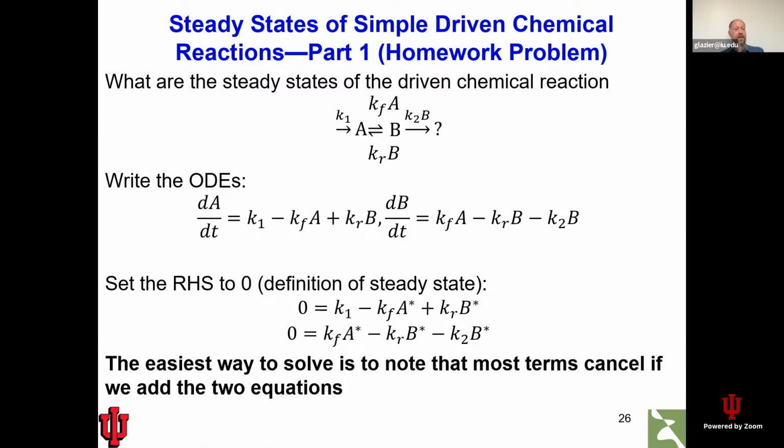Now, how do I find the steady states? Steady states are found by setting dA/dt to 0 and dB/dt to 0. So I'm going to write these two equations on top of each other with zeros on the left-hand side. Another notational thing: the steady state values are often written with a star.